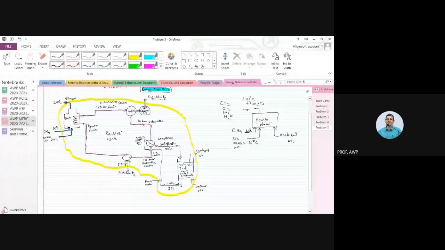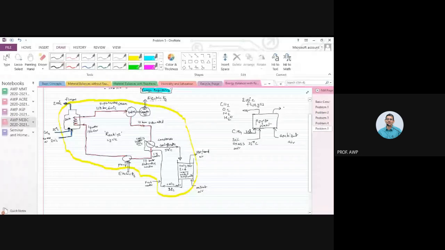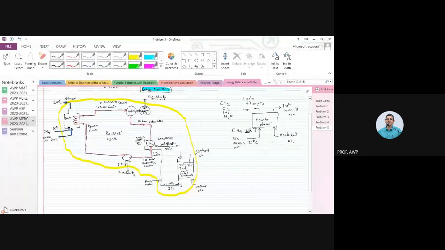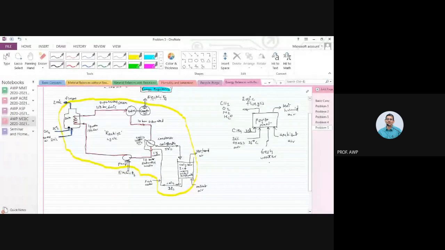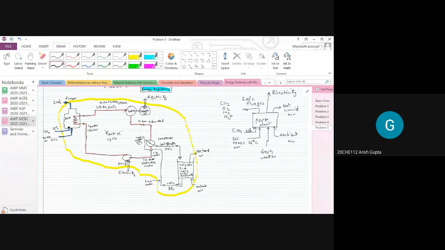Ambient air, hot humid air, and fresh water, which is used as cooling water, and then that keeps on recycling, and we produce electricity. Do you realize this? Yes, sir.